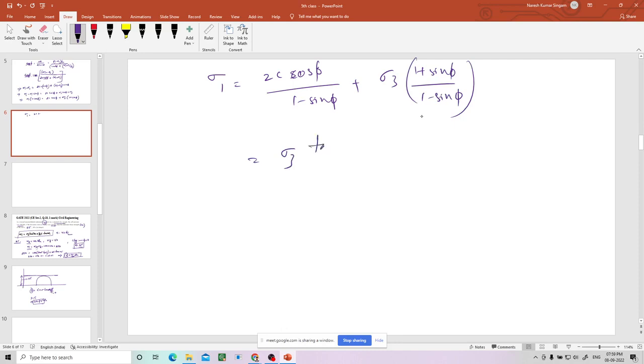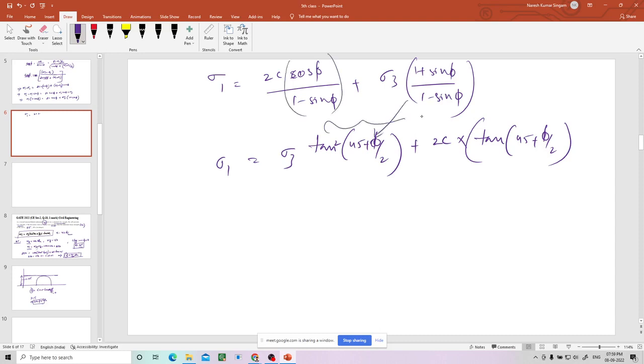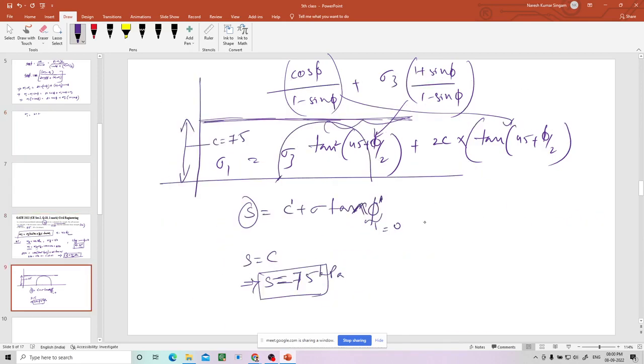Sigma 3 tan square (45 plus phi by 2), and 2c cos phi by (1 minus sin phi) can be written as 2c tan (45 plus phi by 2), where the square will not be there. These derivations, that (1 plus sin phi) by (1 minus sin phi) equals this, I will do in the next class. I hope it is understood. If you have any doubt, you can tell me.